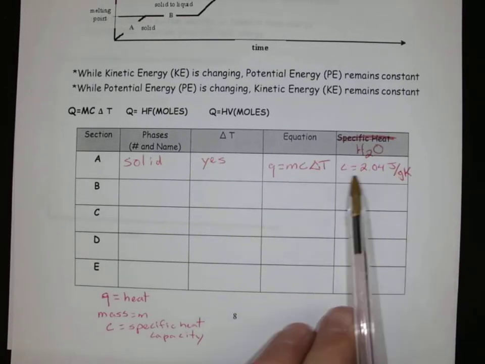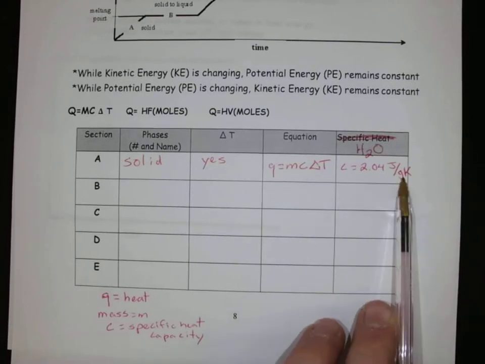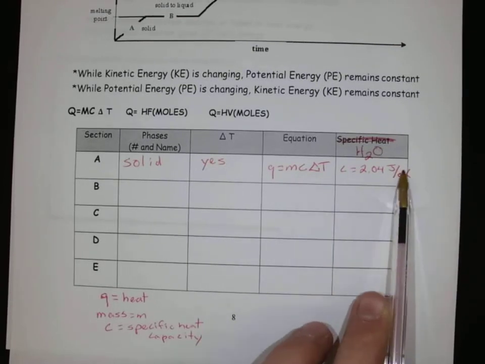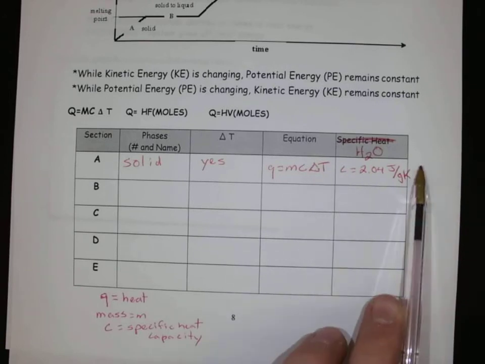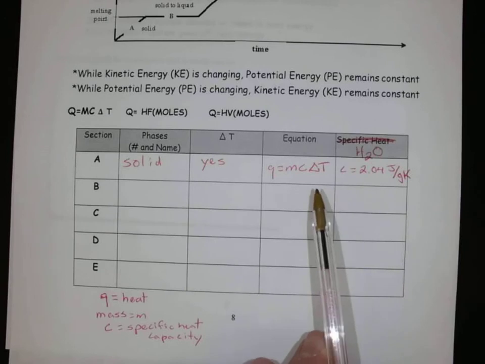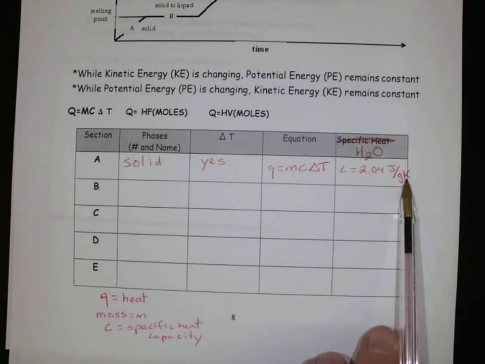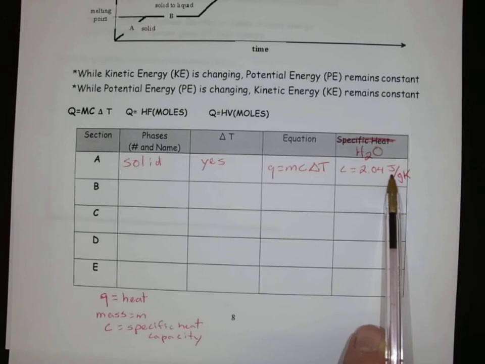If we look at our units, when we multiply these together, mass in grams, C in joules per gram Kelvin, and our change in temperature in degrees C or change in Kelvin, that's going to cancel with Kelvin. Our overall unit for heat is going to be joules, okay?